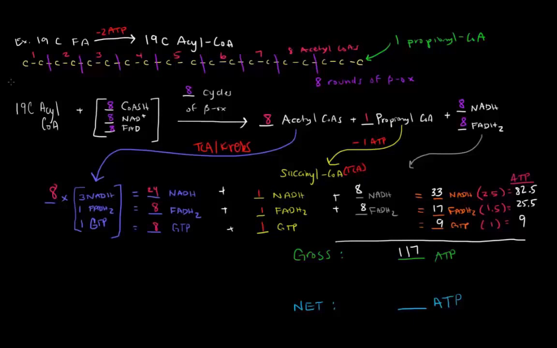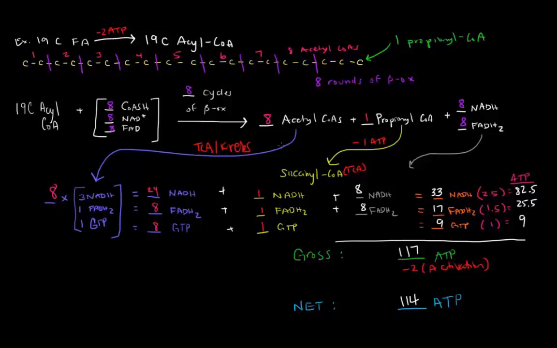Now, we net 114 ATP. Why is that? Well, we subtracted 2 for activation because we started off with a fatty acid, right? I told you we started off with a fatty acid, not an acyl-CoA. So we have to make sure that we take this ATP into account. I mentioned it in the last video. You wouldn't have to subtract this 2 ATP here if you were calculating the amount of energy you would get from an acyl-CoA.